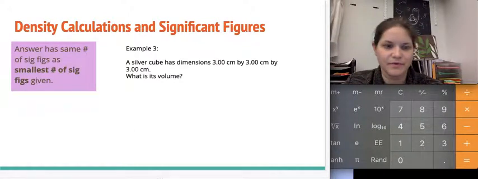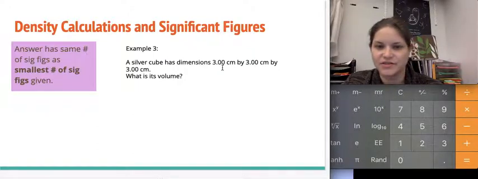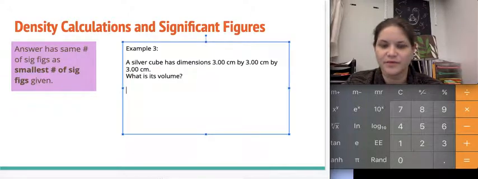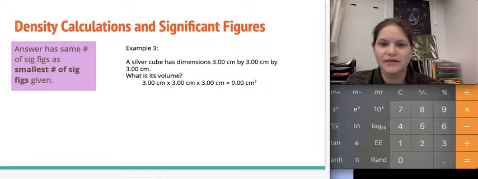Last example for you for this video is a silver cube that has the dimensions of 3 centimeters by 3 centimeters by 3 centimeters. Before we can do a density calculation with this, we need to know what that volume is, and that's where you would do 3 times 3 times 3, which gives us 27 centimeters cubed.